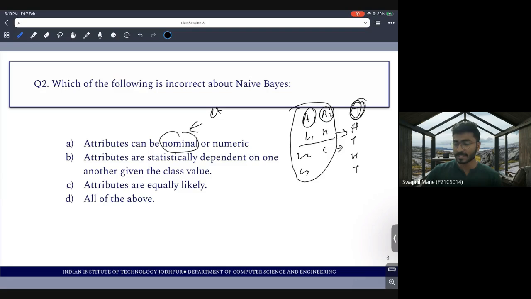So this option is correct, right? We have taken a numeric value here, and we classify that particular length to see which class it belongs to, class hilsa or class tuna, right?